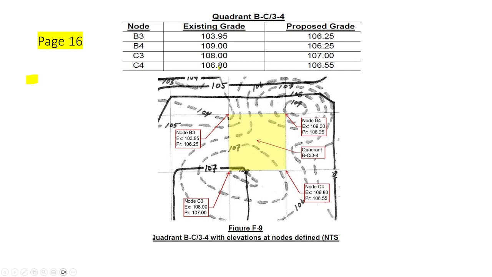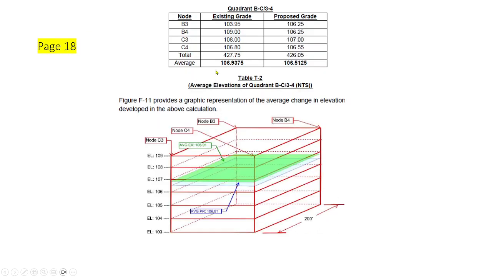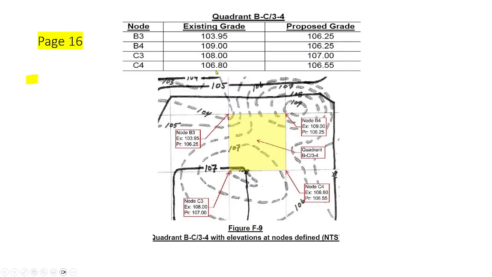So I'm going to average these right here. What I came up with was 427.75. Now listen, you don't have to write this down or remember it because we're going back over it. I want to total them and then come up with the average.